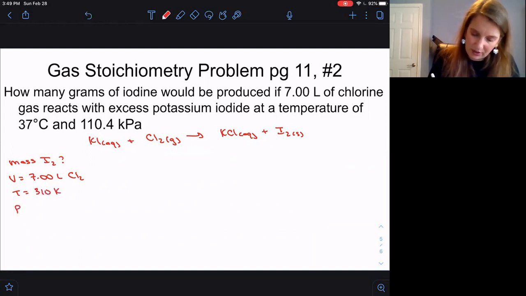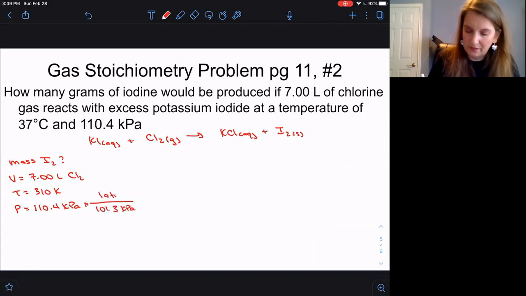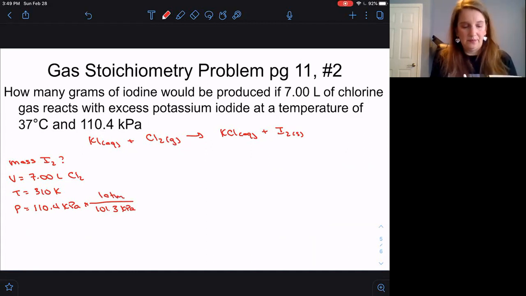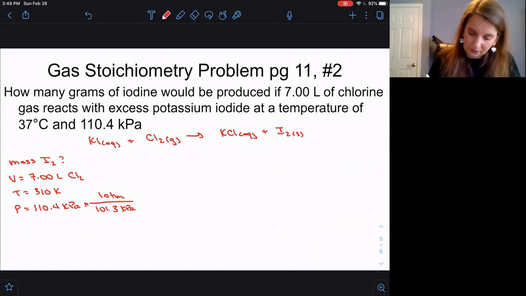And we have a pressure of 110.4 kilopascals, but we can't use kilopascals. We have to convert that into atmospheres because we have to use atmospheres in the ideal gas law. So 110.4 divided by 101.3, we've got 1.090 atmospheres.